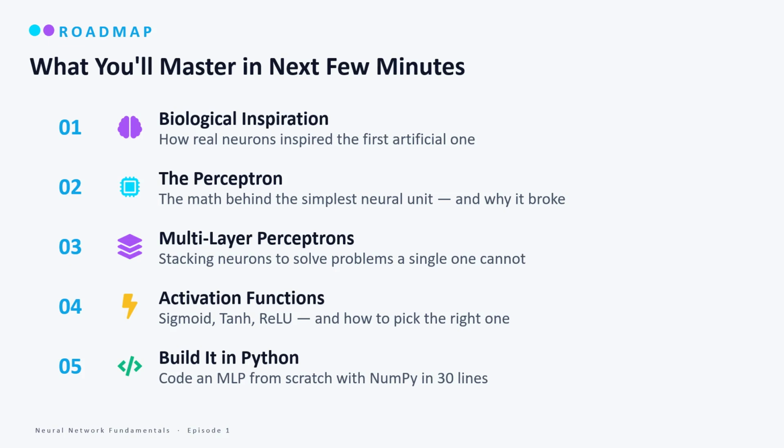How stacking neurons in layers solves problems a single one can't. 4. Activation functions: sigmoid, tanh, ReLU. We'll show you which one to use and when. 5. And finally, we'll build a real neural network in Python from scratch.